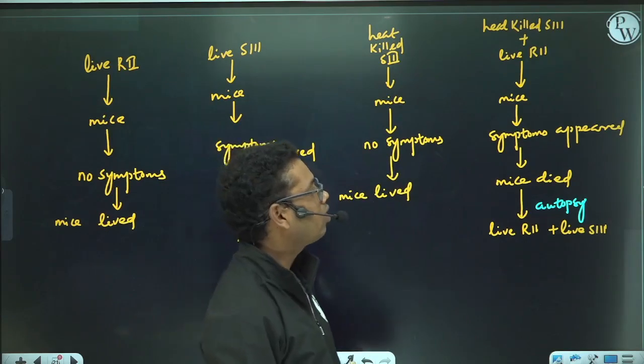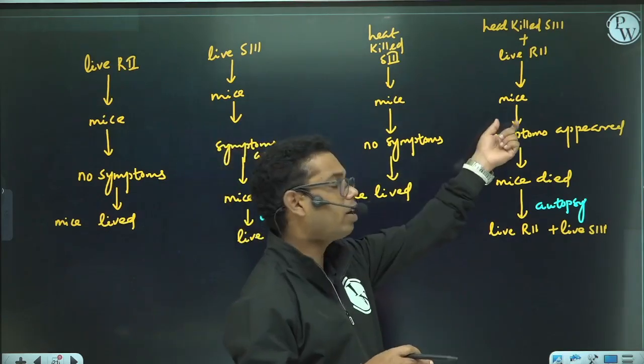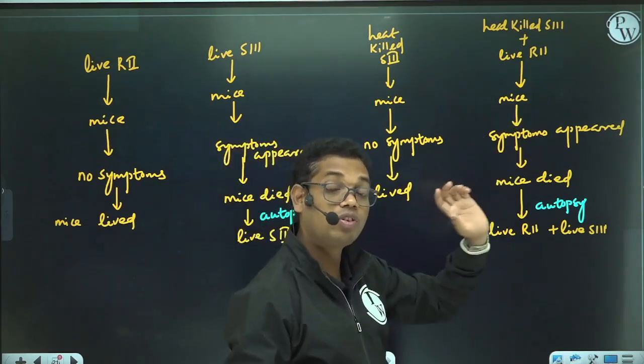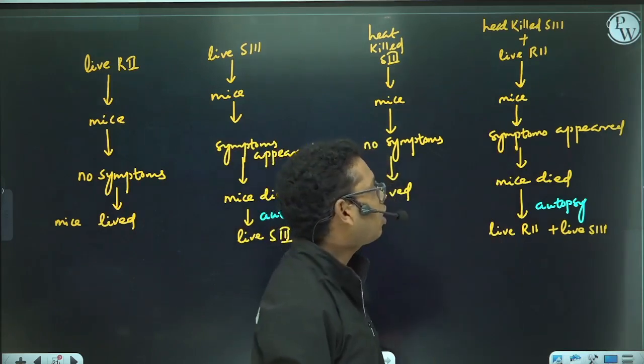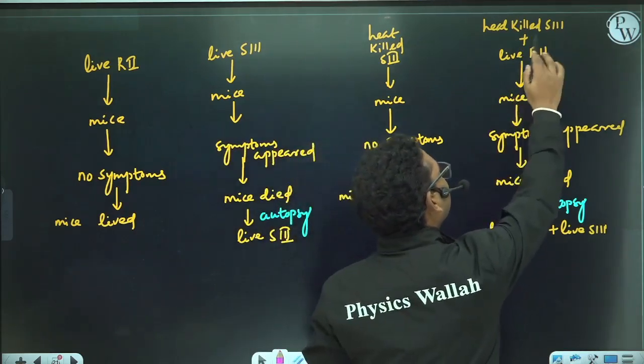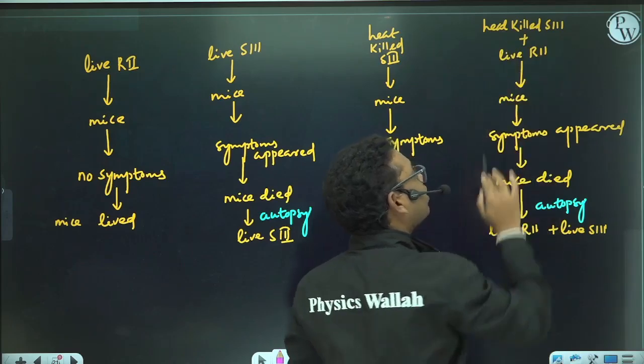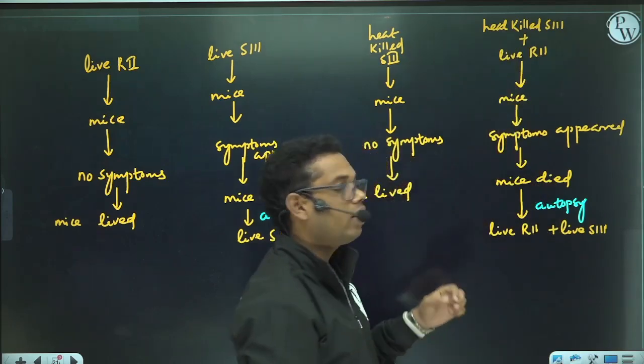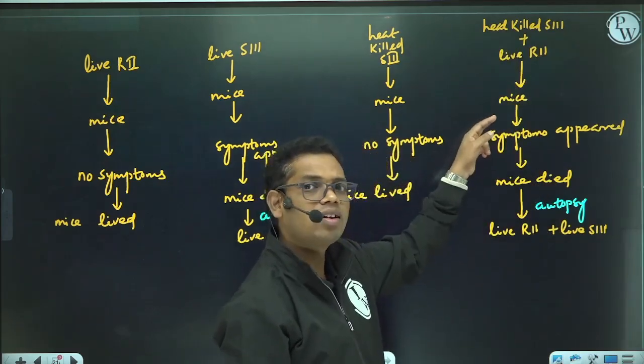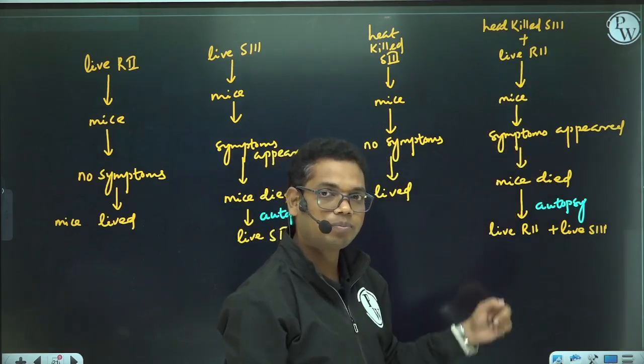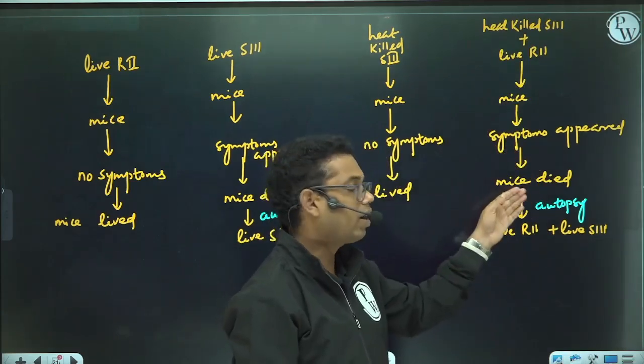In the next case, he injected healthy mice with a mixture containing heat killed S3 and live R2. And he found that healthy mice developed the symptoms of pneumonia, and the mice died.